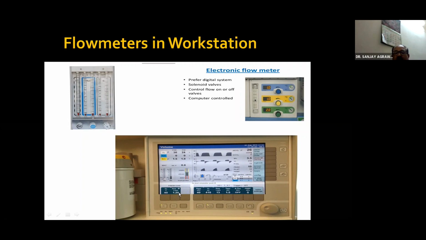Here you are setting up the gas flows, the tidal volumes, pressures, and you are also getting the concentration of the gases, the inhalational agents, and the MAC which has been achieved. This is telling you whether the gas which has been given is excessive, minimal, or needs to be changed. And these are the respiratory parameters that can be monitored in this patient.